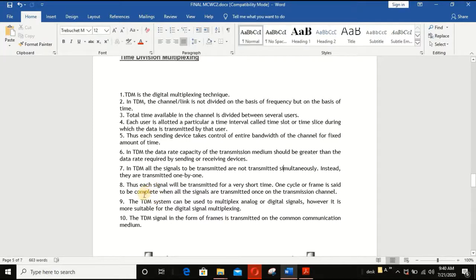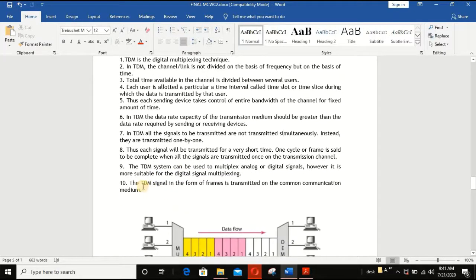Thus, each signal will be transmitted for a very short time. One cycle or frame is said to be completed when all the signals are transmitted once on the transmission channel. The TDM system can be used to multiplex analog or digital signals, but it is more suitable for digital signals.